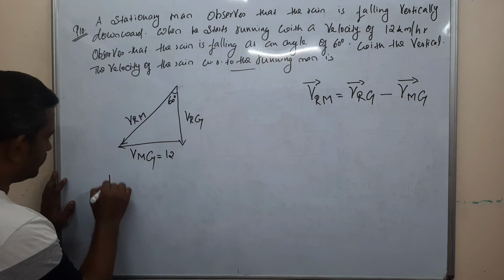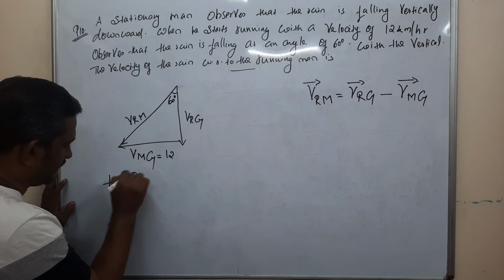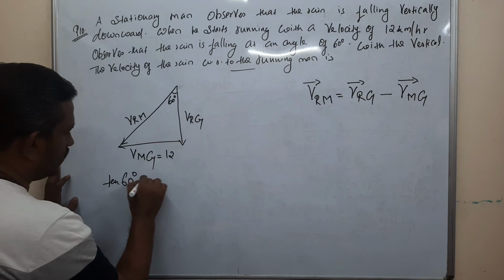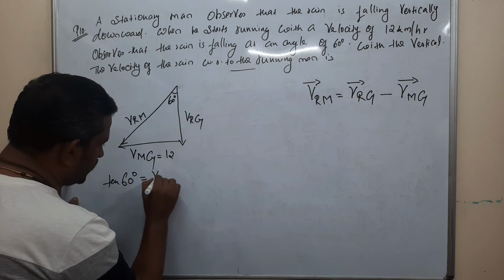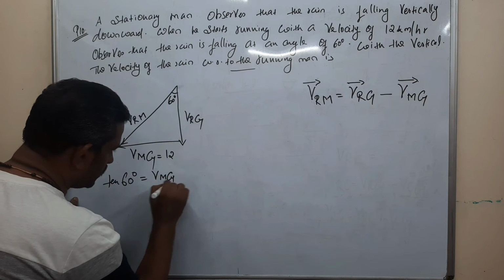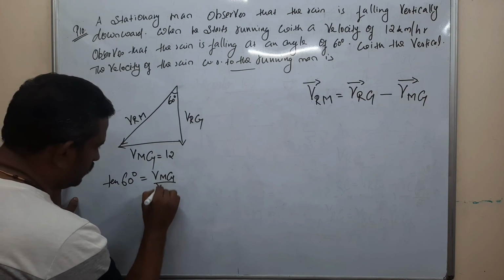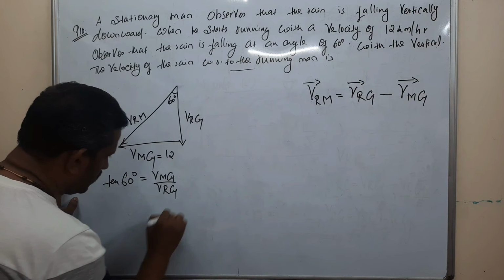So from this diagram, tan 60 is equal to the opposite side, that is VMG, divided by VRG.